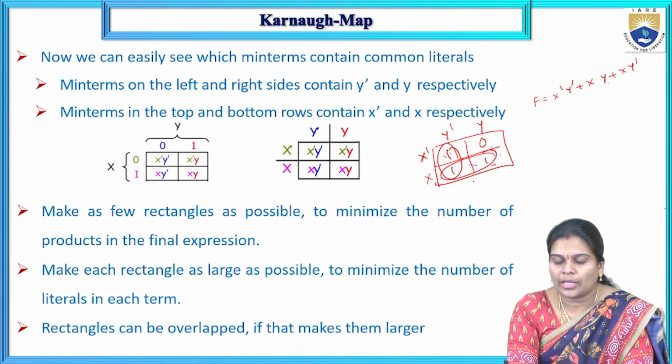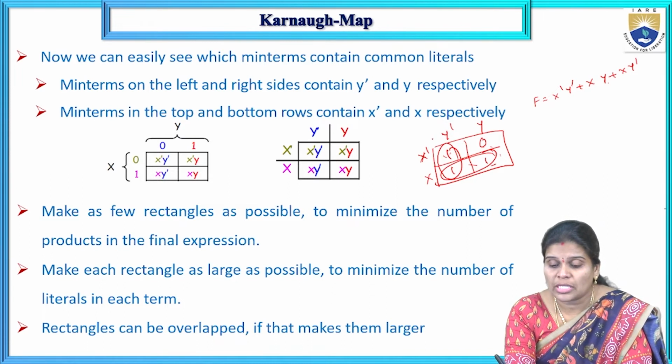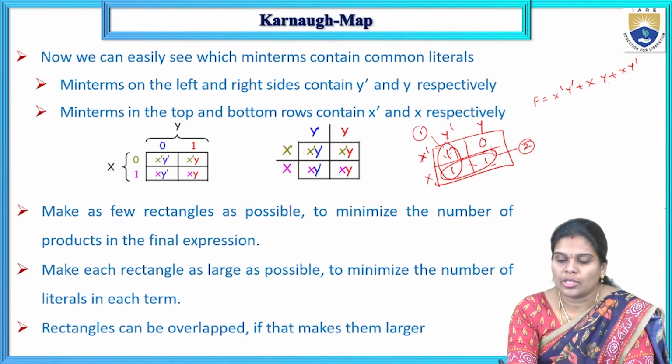Now I want to simplify this expression. This is the first group and this one is the second group. In the first group, first we check the left hand side, the horizontal side. In the first square box we have x bar, in the second we have x. So here the complement of x is there, and here the true value. A variable is common only if both are true values or both are complemented values.